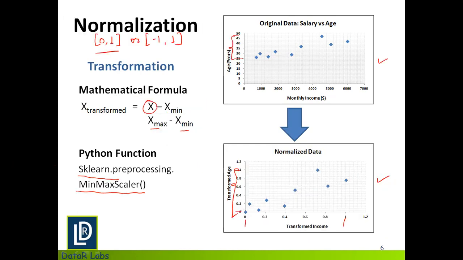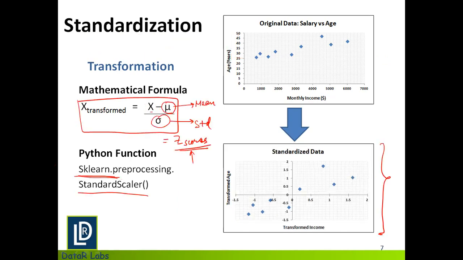Normalization doesn't actually need any particular distribution to be implemented, and thereby it can be used in non-parametric algorithms like KNN, K nearest neighbor. Standardization, on the other hand, is more often implemented on normal-looking distributions or Gaussian distributions.